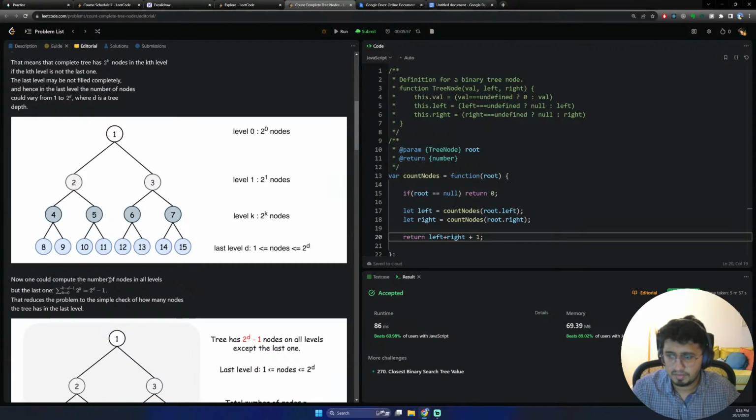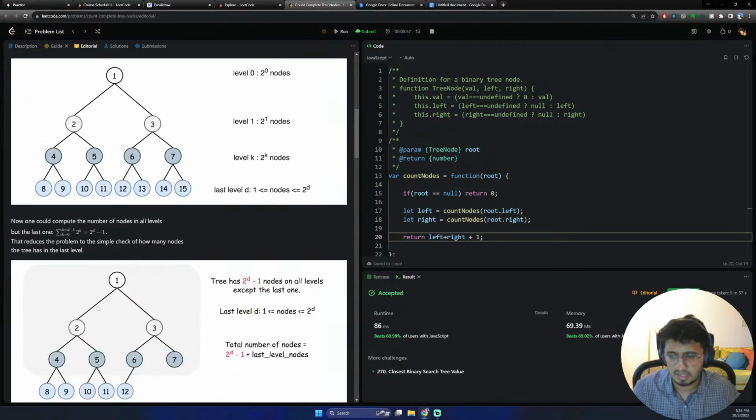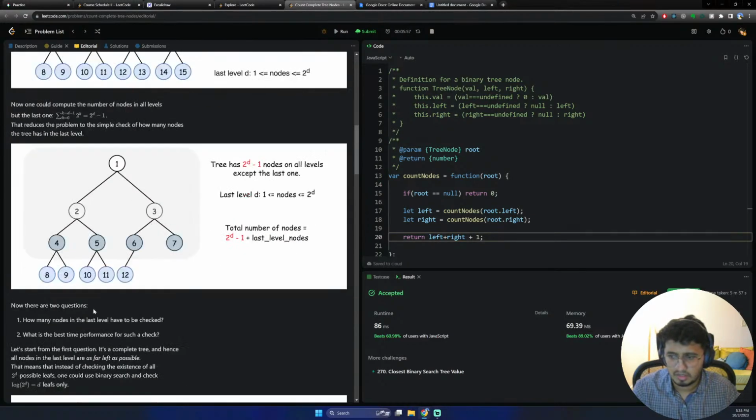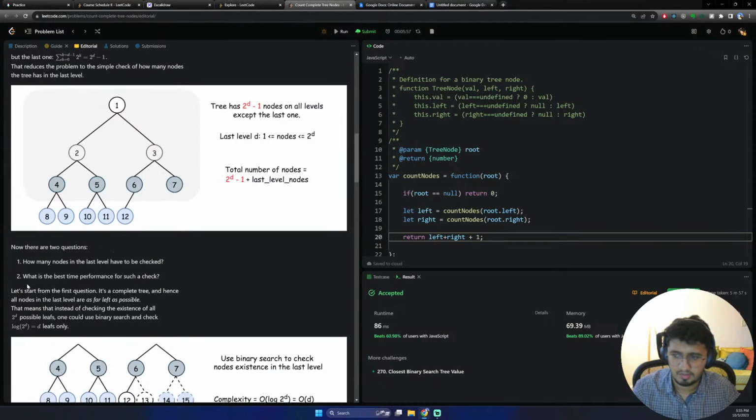Now one would compute the number of nodes in all levels but the last one, 2 raised to d minus 1. That reduces the problem to a simple check of how many nodes the tree has in the last level. So how many nodes in the last level have to be checked? What is the best time performance for such a check?